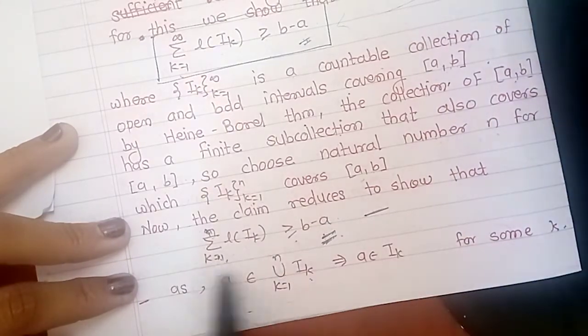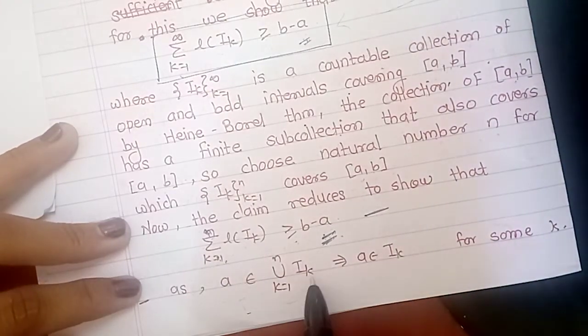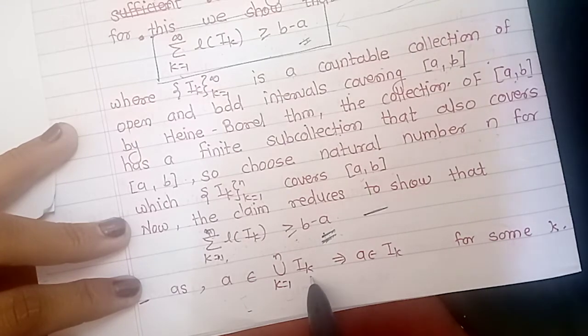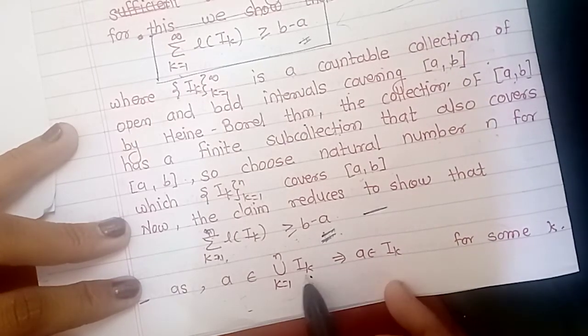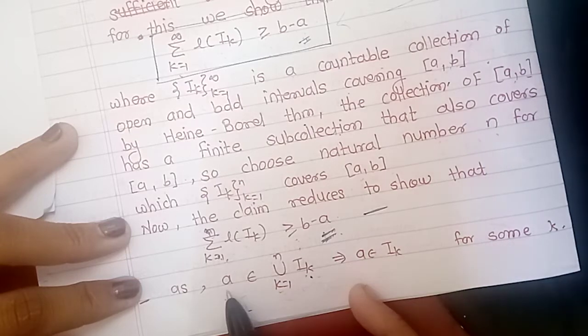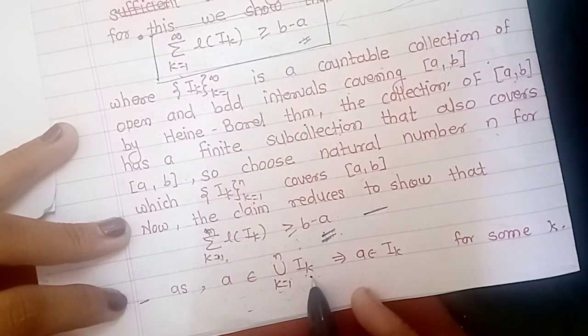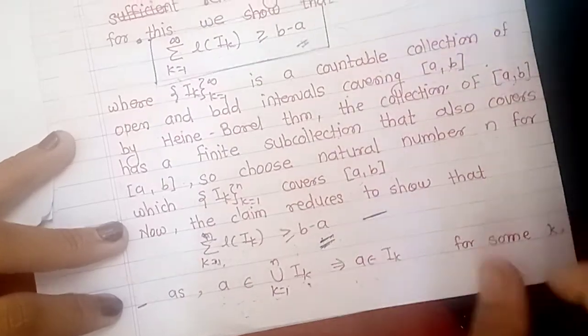To prove this, as we know that I_k is an open covering for [a, b], the union of I_k also contains a, so a belongs to the union of I_k, and as a belongs to the union of I_k, a belongs to I_k for some k.